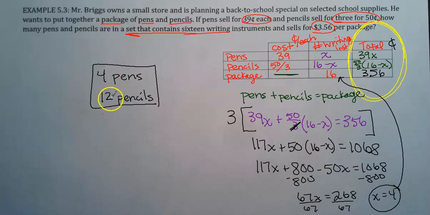So 4 pens, 12 pencils. Does that actually equal 16? Yes. So we have our answer right there: 4 pens and 12 pencils. All right, that is it for the 1.5 day 4, looking at mixtures. Have a great one, and I'll see you tomorrow.